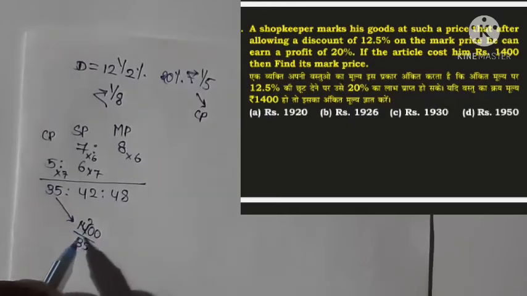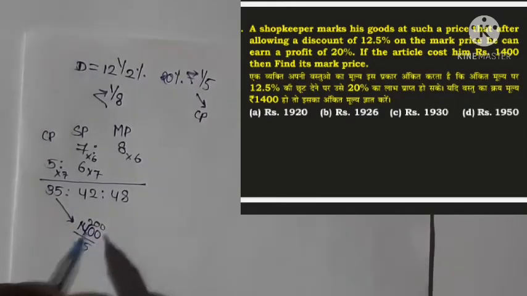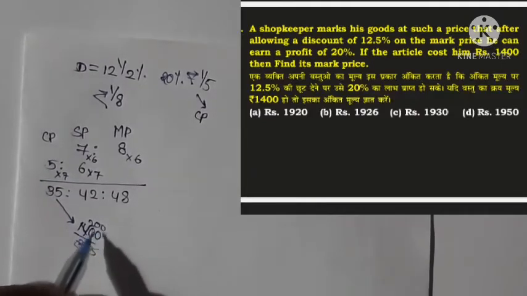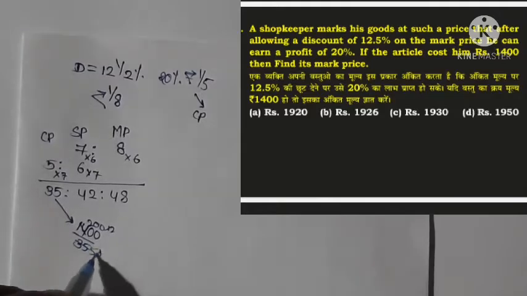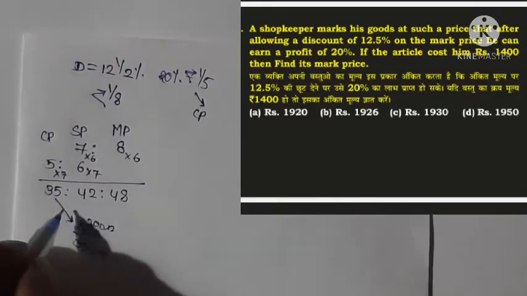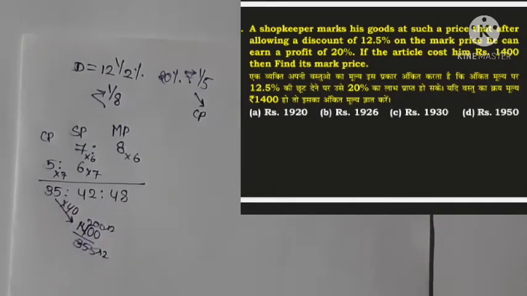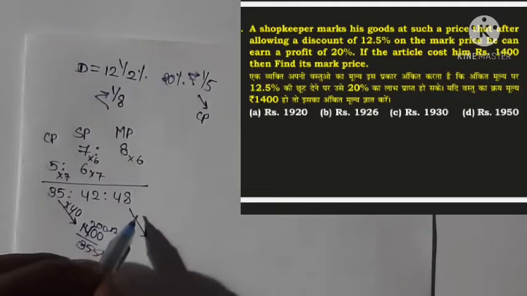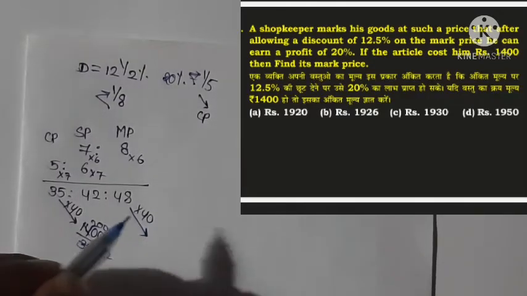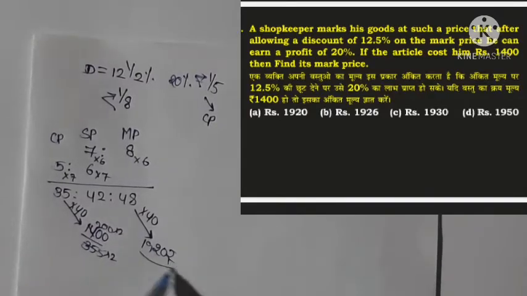Dividing by 7 and then by 5, 1 unit value is 40. So here 48 units represent 48 into 40, which is 1920 rupees.